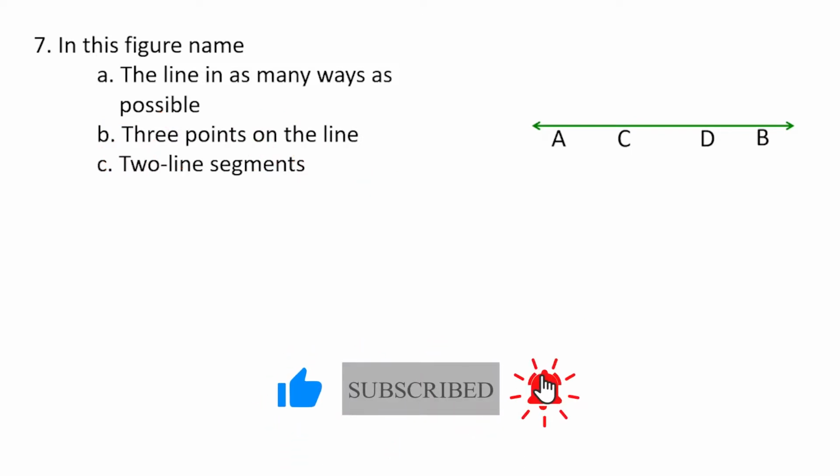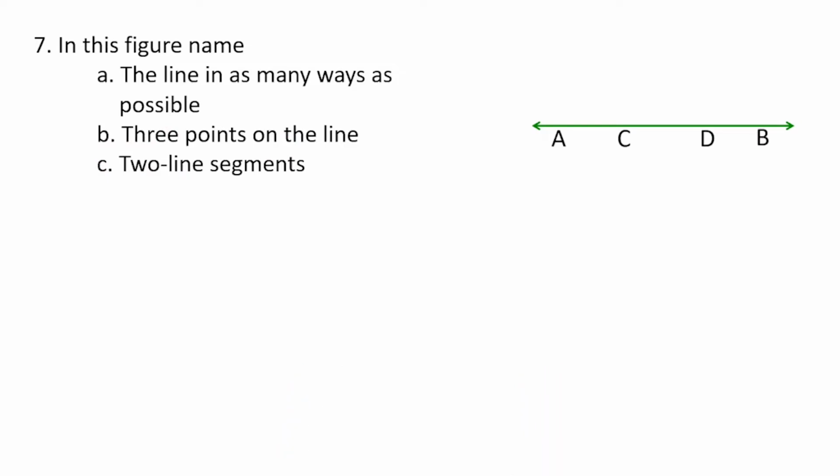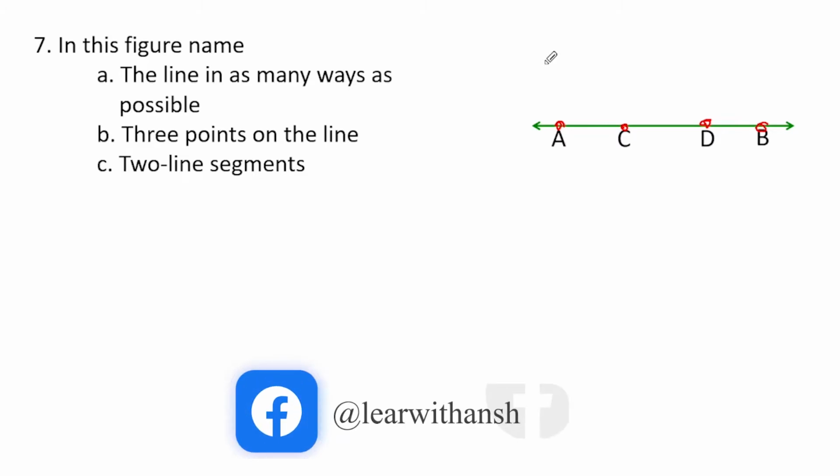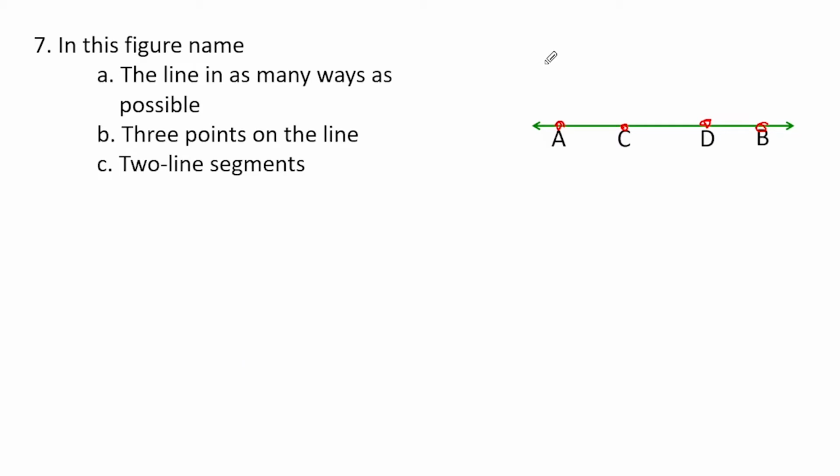So this is our next question. Now in this figure of this line, we have 4 points on this line. Point A, point C, point D, and point B. Now in this figure, we have to name the line in as many ways as possible, name 3 points on the line and 2 line segments.